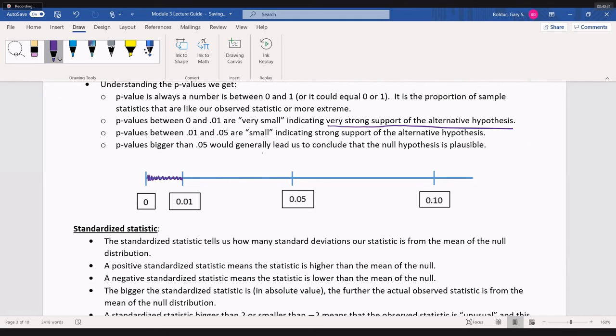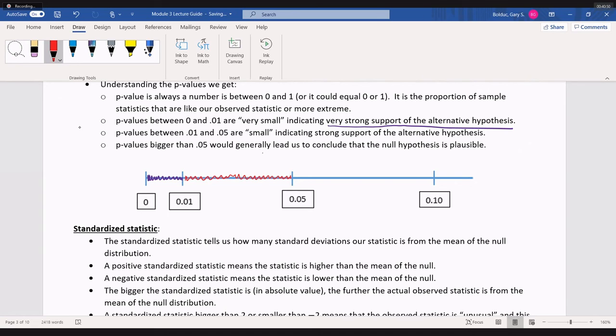Okay, what about the next one? If you're in here, 1 to 5%, we'll say, okay, that's small. We've got some good support for the alternative. It's not as good as the purple, 0 to 1%, but it's still pretty good.